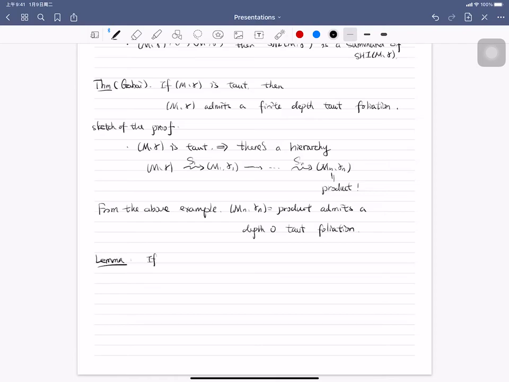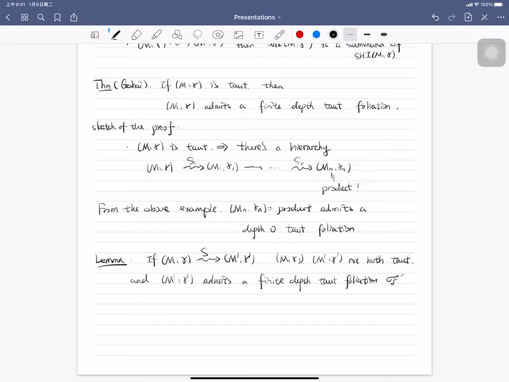What Gabai proved is that if we have a suture manifold decomposition such that they are both Taut, and M prime, gamma prime admits a finite depth Taut foliation F, then we can glue this F along S to obtain a finite depth Taut foliation on the original suture manifold M and gamma.